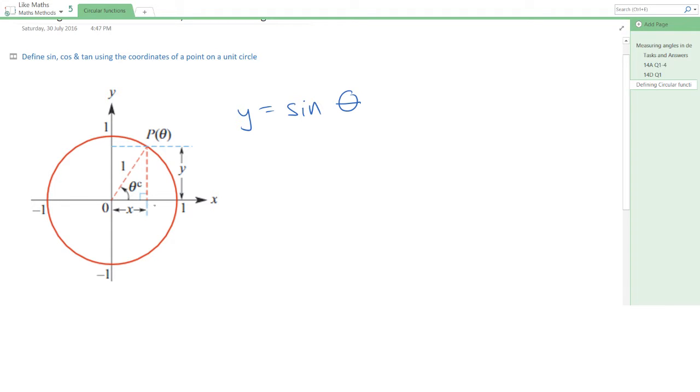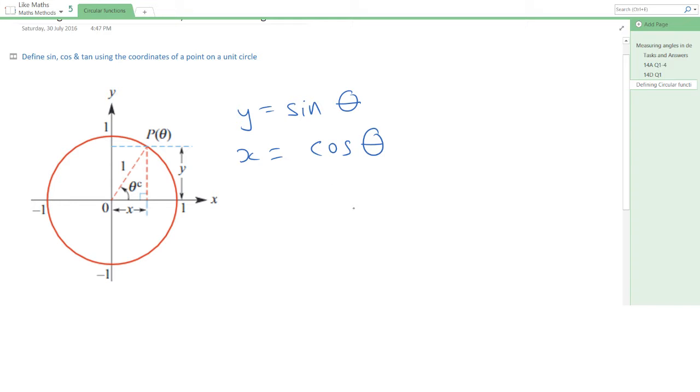And also, if you want to find out what the x is, it's the cosine of theta. It's a bit of a trick because they haven't really said what sine and cosine is, but you take that as a given that at some point you'll be able to relate sine and cosine to an angle, and your calculator does a very good job of that.